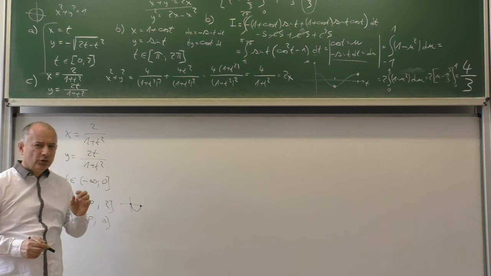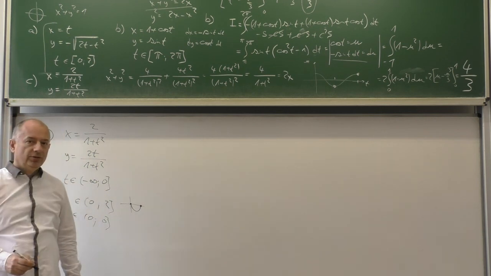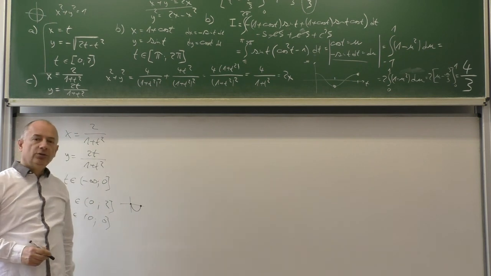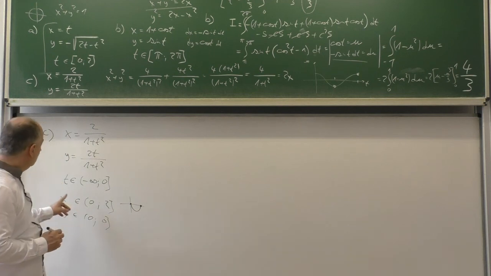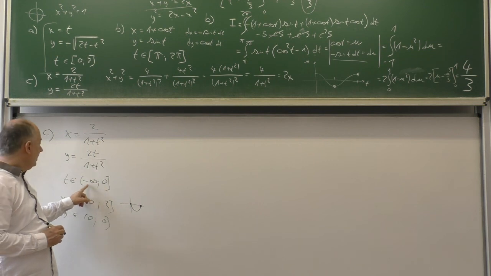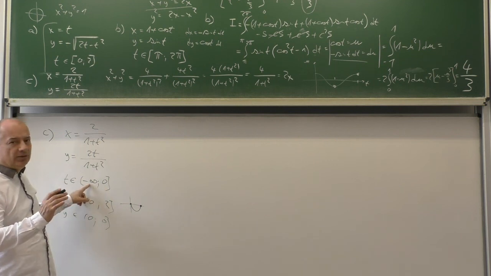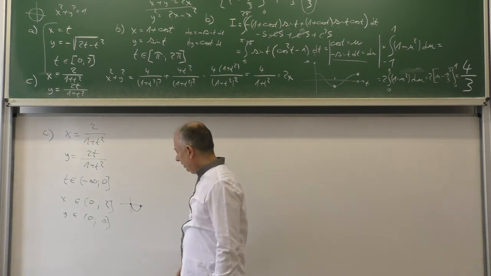There is one small difference between this third parametrization and the previous two cases. Can you see it? If you consider real values of the parameter, then it may go to minus infinity, but t will never be equal to minus infinity.